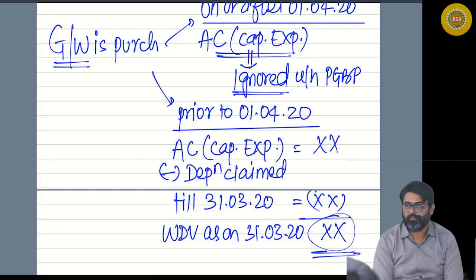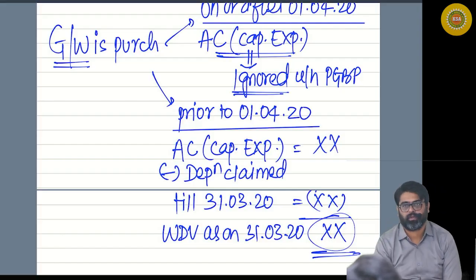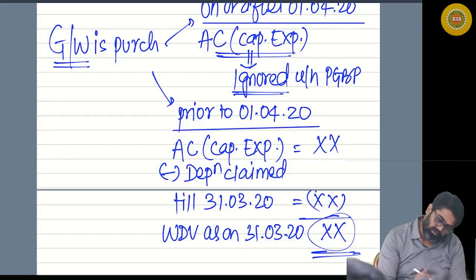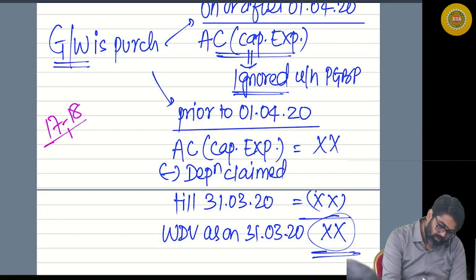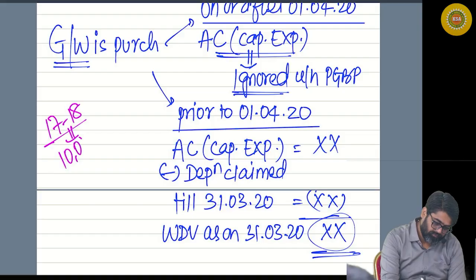Let's take one example. The rate of depreciation for intangibles is 25%. Under the PGBP head, the rate of depreciation on intangibles is 25%. So for example, you acquired the goodwill in 2017-18, sorry, not 2018-19, 2017-18, for rupees 10 lakhs.